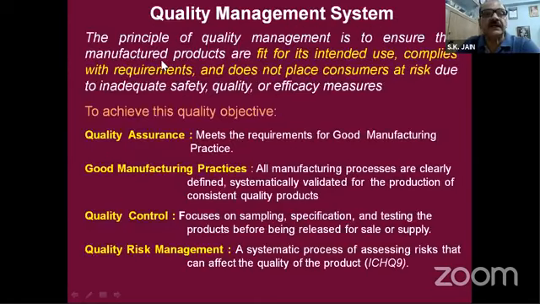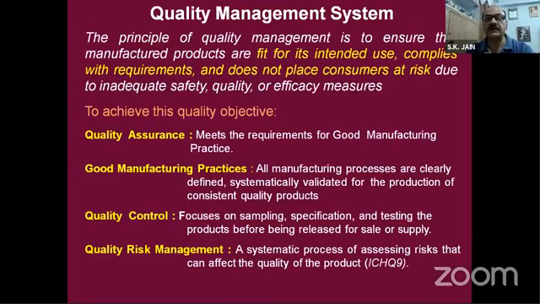Then the quality management system, as I told you, has the principle of ensuring that manufactured products are fit for their intended use, comply with requirements, and do not place the consumer at risk.